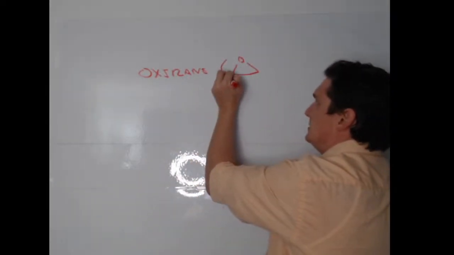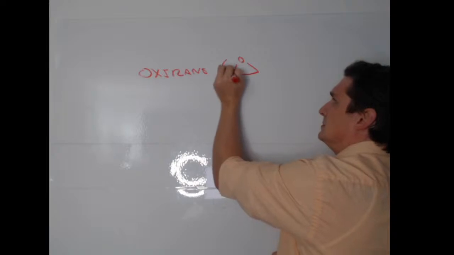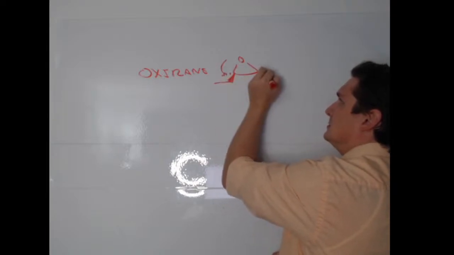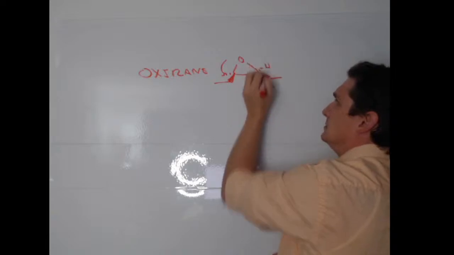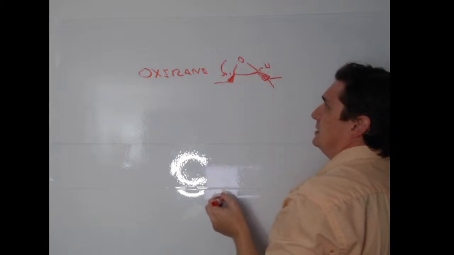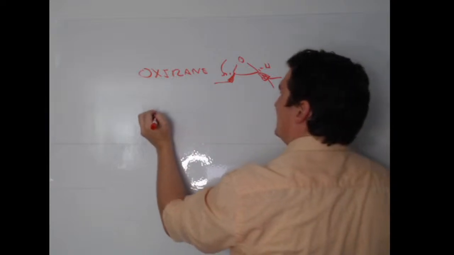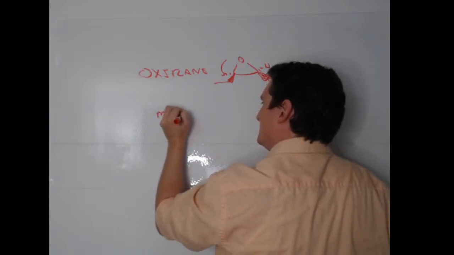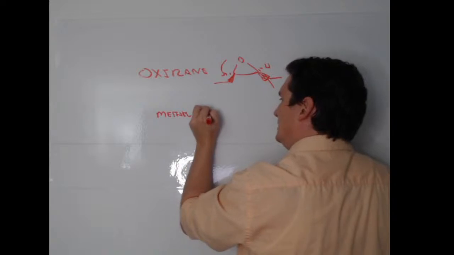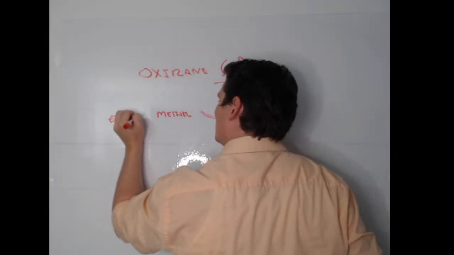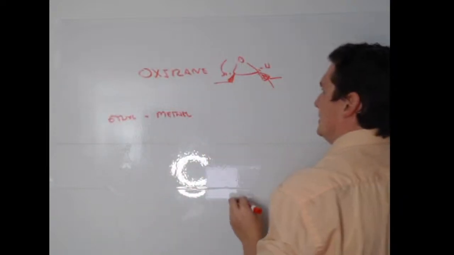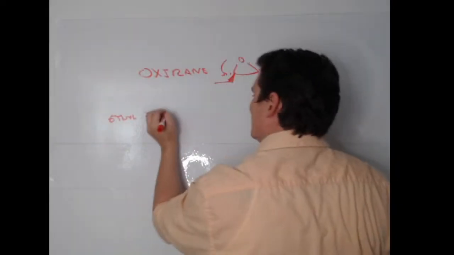So if we had, we need to memorize, so we'd have methyl. Ethyl comes before methyl. Isopropyl.